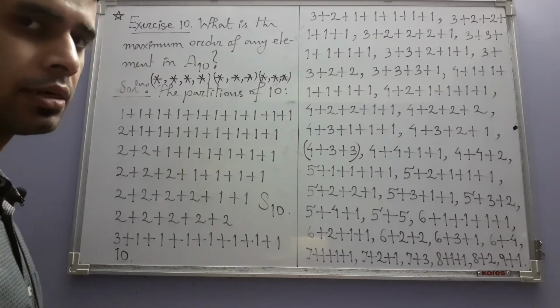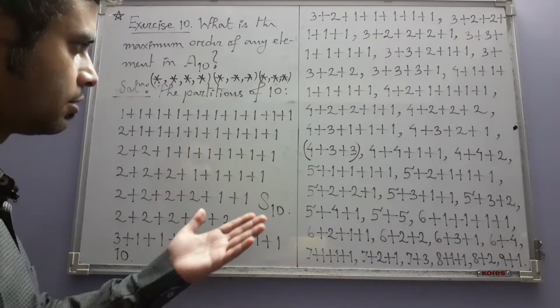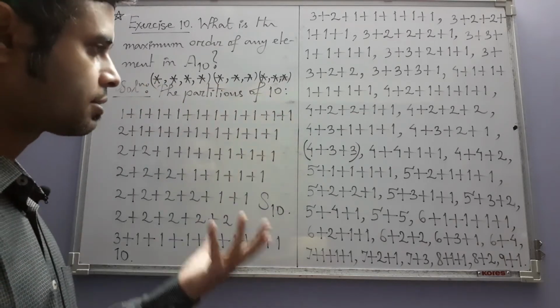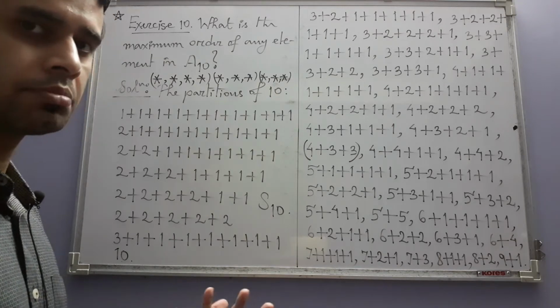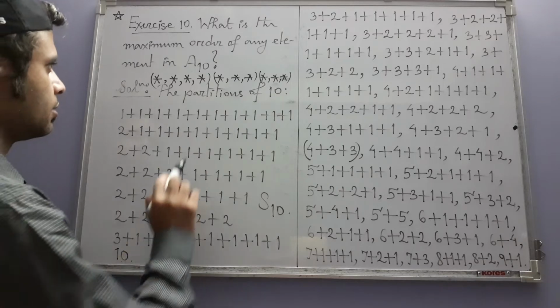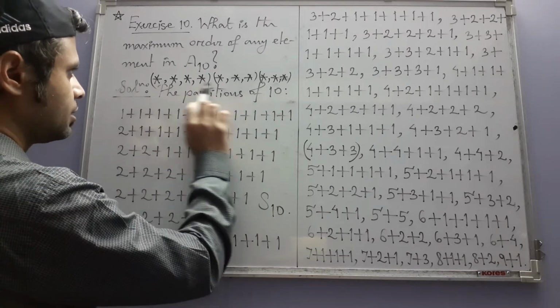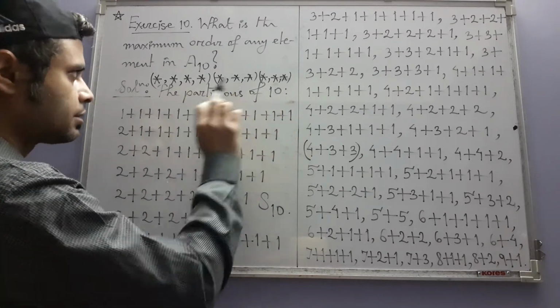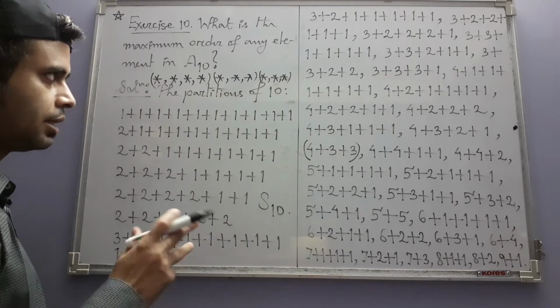That thing is also there. We should not forget that the cycle structure corresponds to a product of disjoint cycles, no matter what they are. So there are 10 symbols, and so here the symbols are not getting repeated.